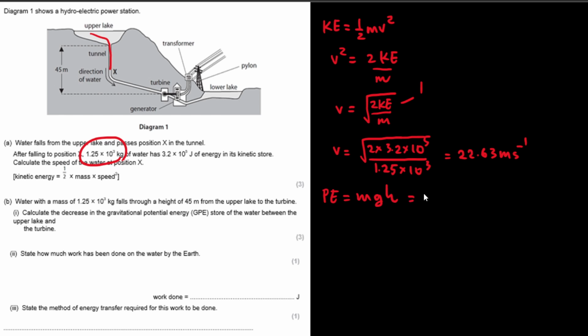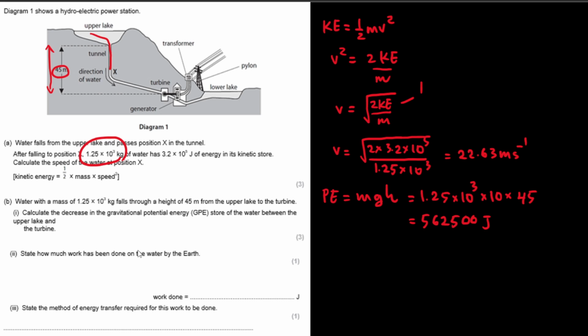Your mass is 1.25 × 10^3, your g is 10 and your h is 45 meters. Put that into the calculator again and you should get 562,500 joules.